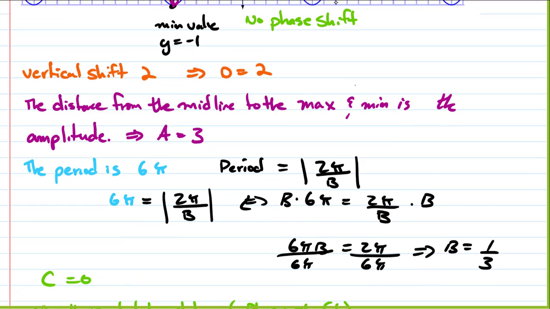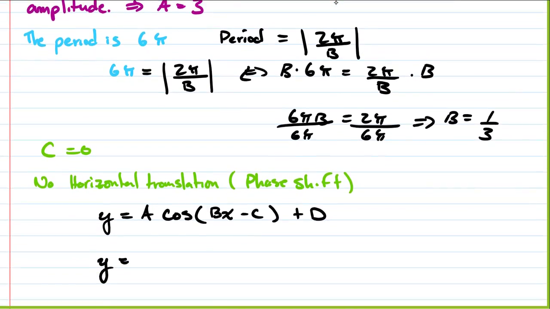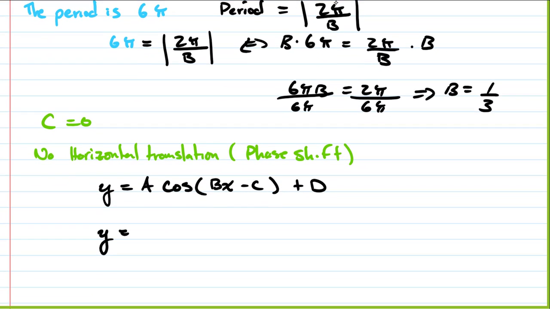So if that's the case, we have y equals a times the cosine of bx take away c plus d, which is going to give us y equals, so our amplitude is 3 times cosine of our b is 1/3 x, and then our graph was shifted up 2 units, plus 2.